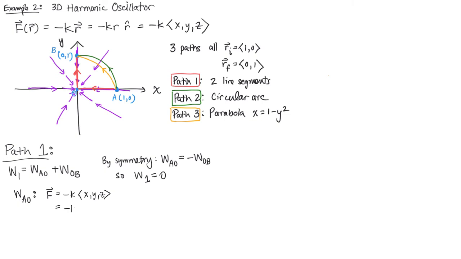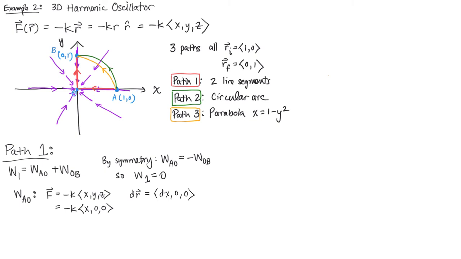So our force vector is minus k times (x, 0, 0). And our displacement vector dr is (dx, 0, 0). On this path, we are only moving in the x direction. We have no motion in the y or z direction.